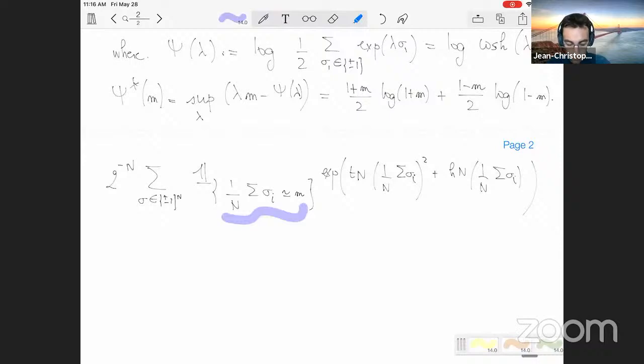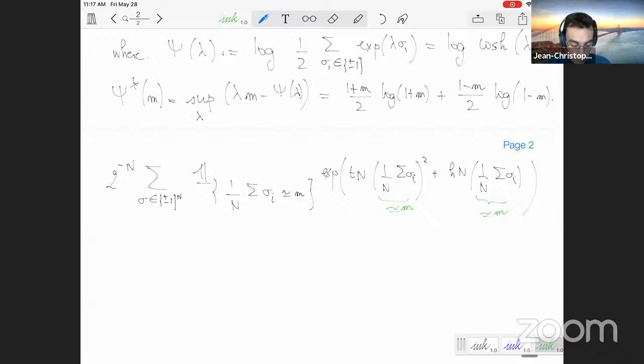So if this is true approximately, then I can substitute by m in these two slots. And then it no longer depends on sigma, which is inside this exponential. So I can evaluate the asymptotic behavior of this quantity by using this large deviation statement. Here, let me write it like this. So this is approximately m, and here the same.